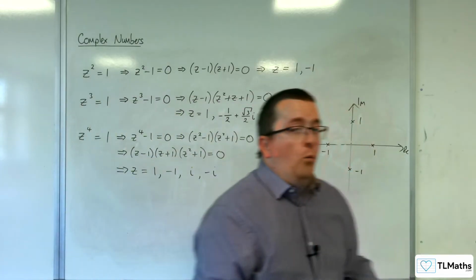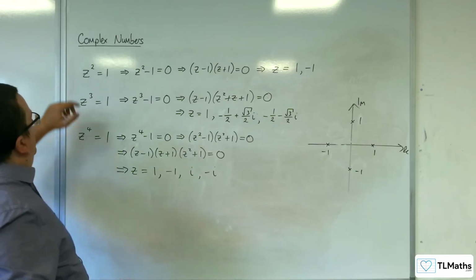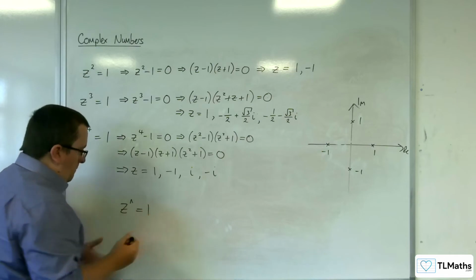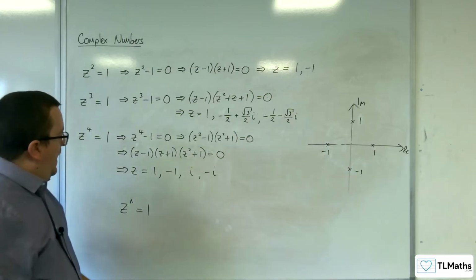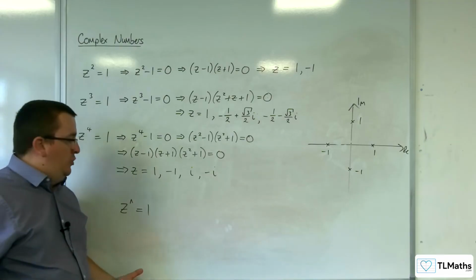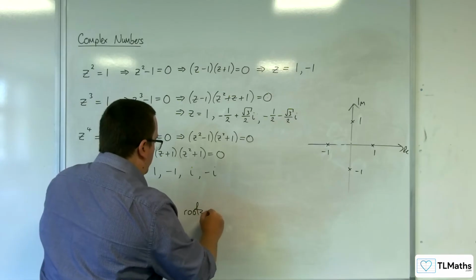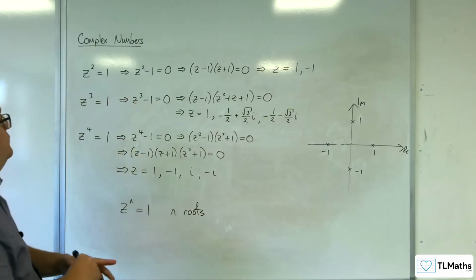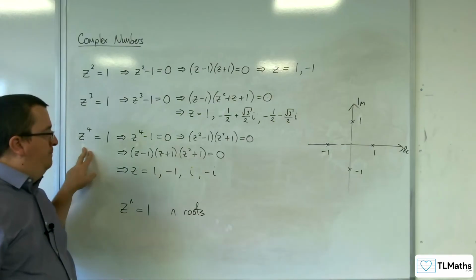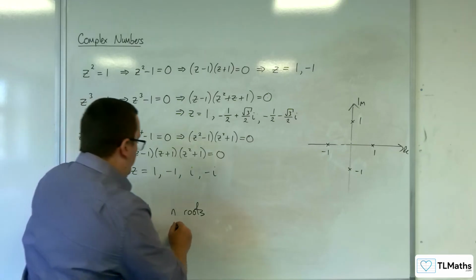So let's see what we're spotting here. If you've got z to the n equals 1, then what we're seeing is that there are n roots to this equation. There are n roots because this had 2, this had 3, this had 4. We noticed that z equals 1 was always a root.